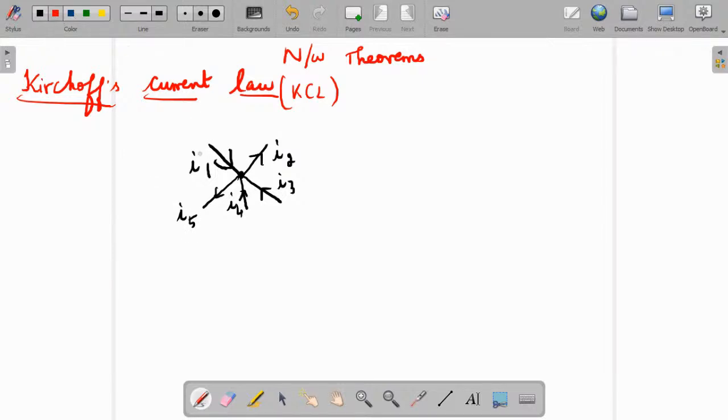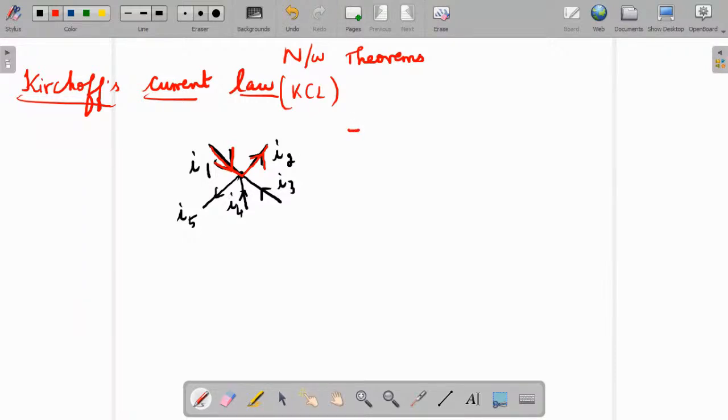So sum of currents entering is equal to sum of currents leaving, or the algebraic sum of current at a particular node is going to be zero. Okay, so always follow this: whenever a current is approaching the node, now I1 is approaching the node, take that as negative. Current leaving the node, now I2 is leaving, so take that as plus I2.